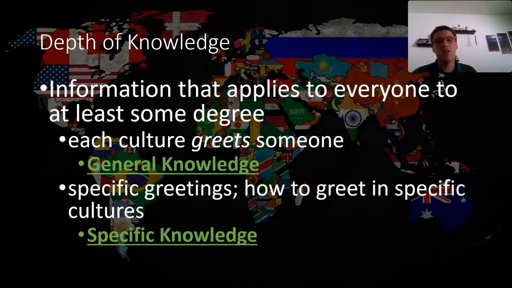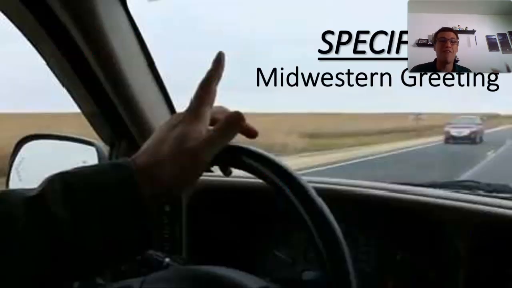So this is like knowing that all cultures greet someone. They all have a greeting, but not all cultures greet people in the same way. For instance, in the Midwest, it's very normal to use a one-finger wave while driving down the highway.